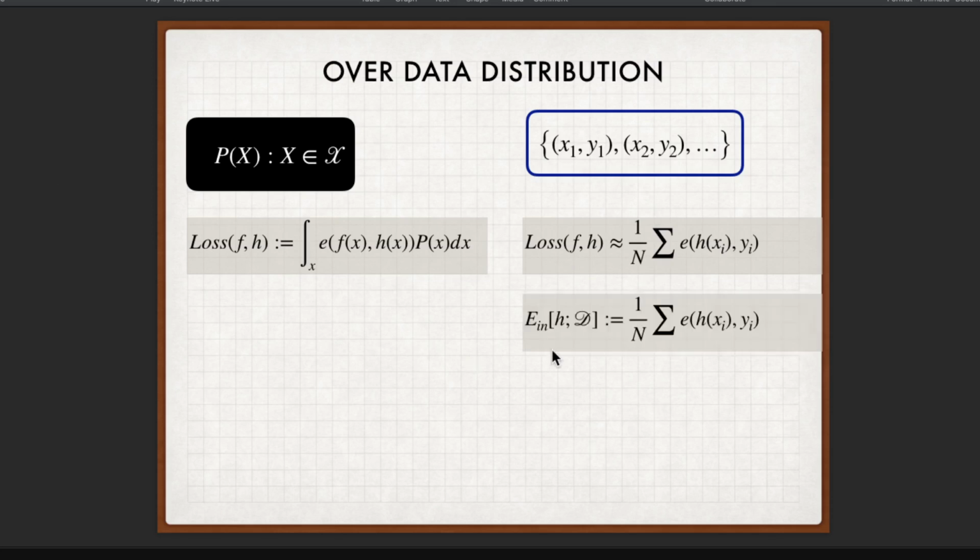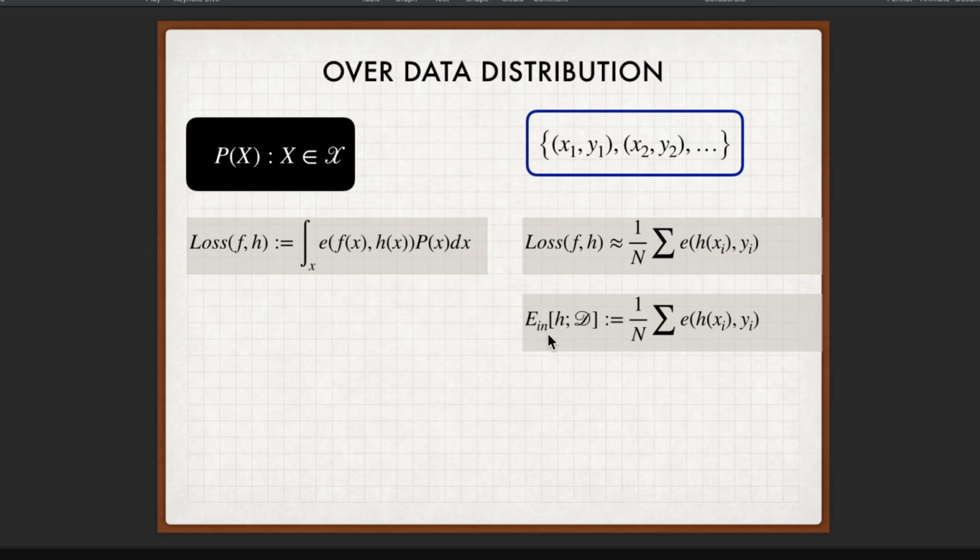Let us introduce some notation for the convenience of discussion. We will call this estimation of the loss the in-sample error.